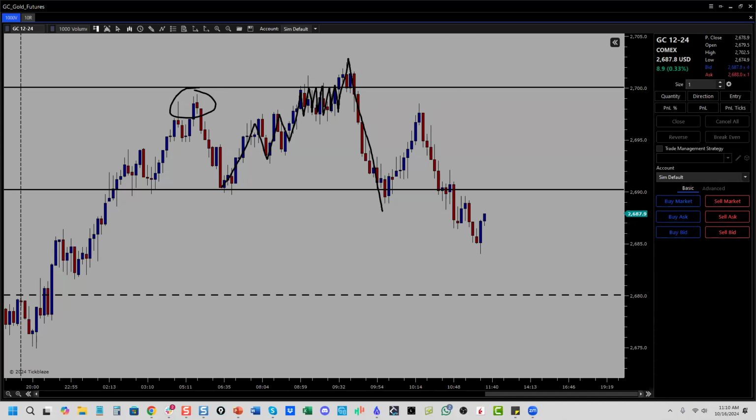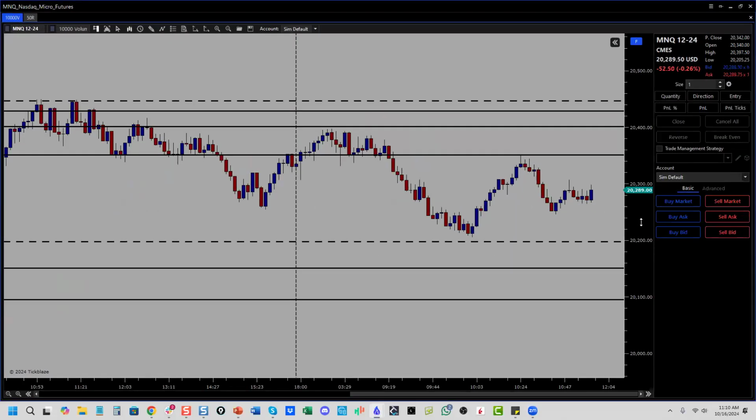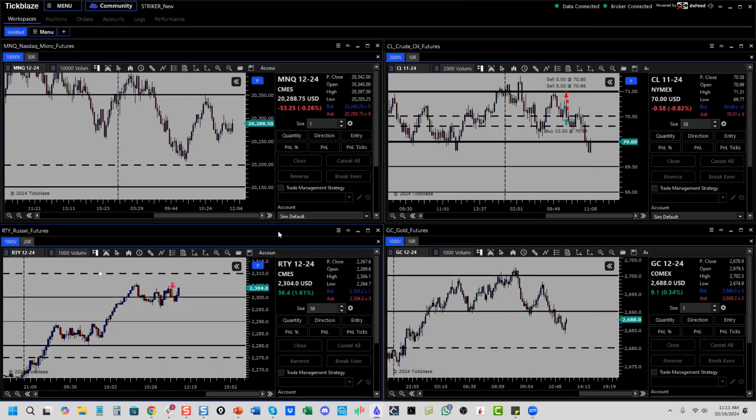I like to see that. Build, build, build. Spike lower, pop. Make sense? Push, spike, pop. There's a reason. It needs orders to take the other side.